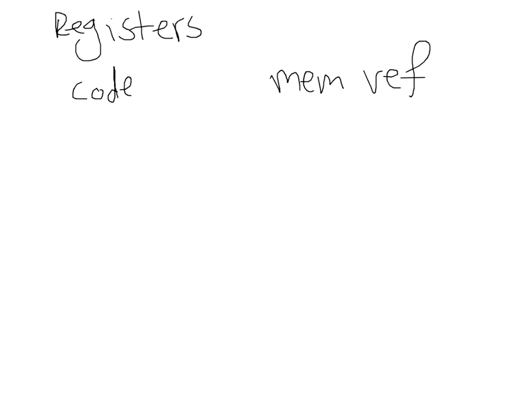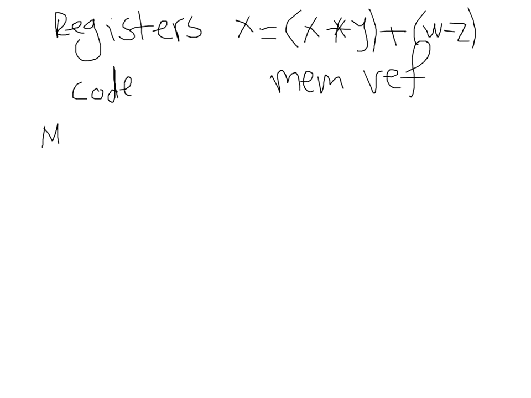Again, same equation. If you remember, x equals x times y plus w minus z. Now we need to move x to R1, which means the register R1, right?